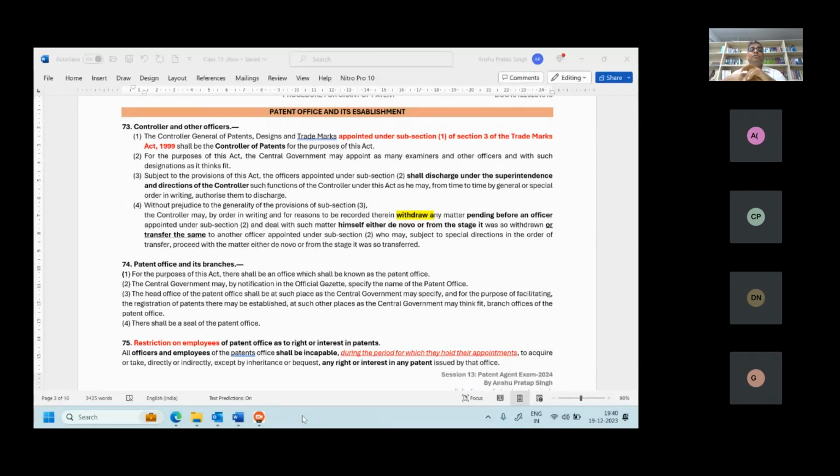Besides this, the Controller can assign work to other officers, and he can withdraw any matter pending before any officer, and either he himself can deal with it, or transfer it to someone else. It can start from the beginning or from the stage where it was. It all depends on the Controller.